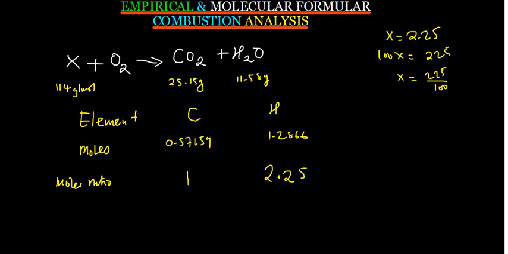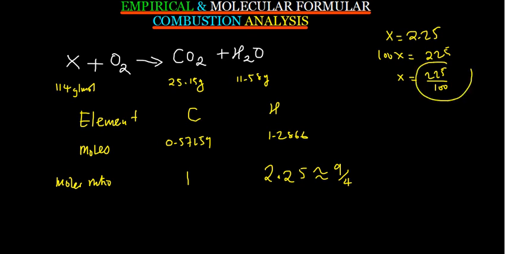What number can go into both without leaving a remainder? 25. So this is approximately equal to 9 over 4, right? It's 9 over 4 if you convert it as a fraction.